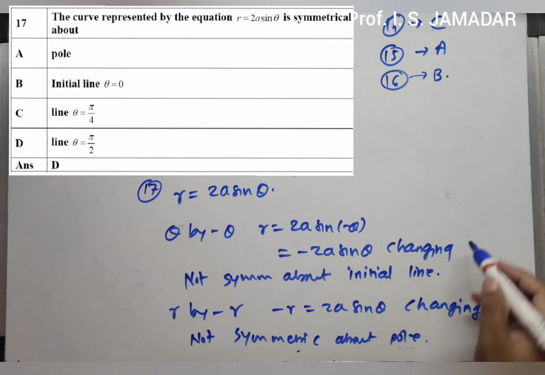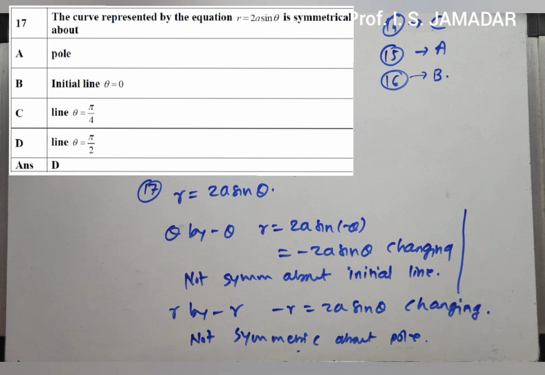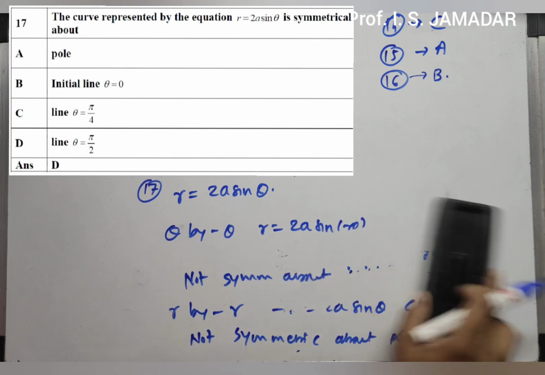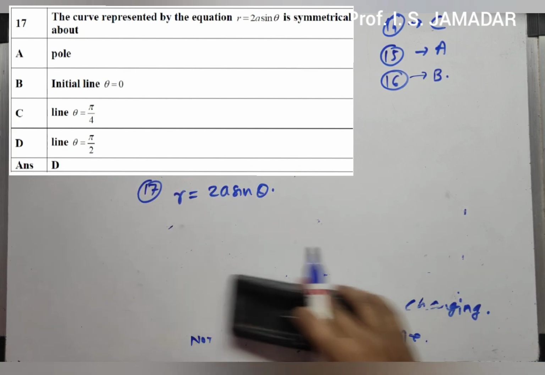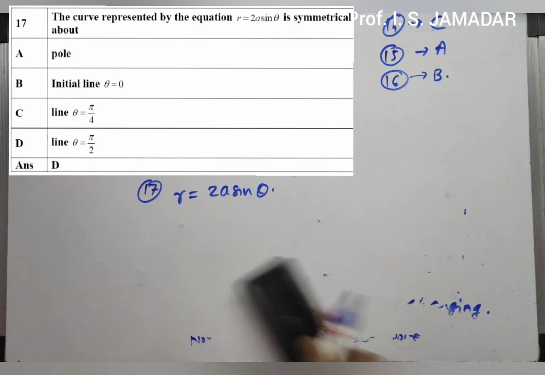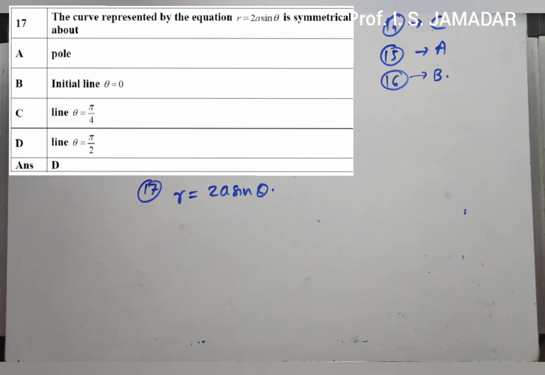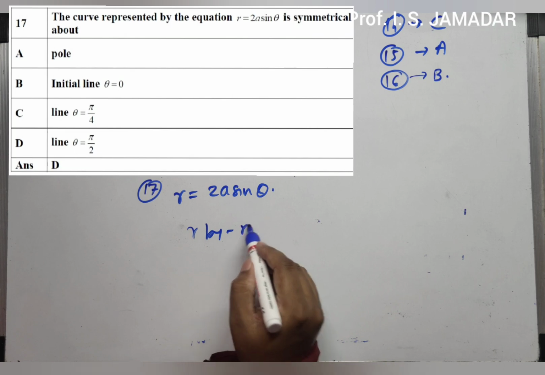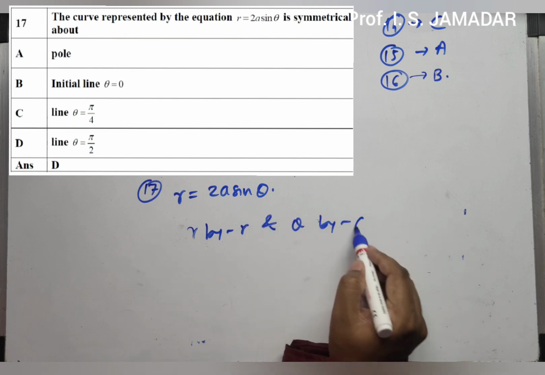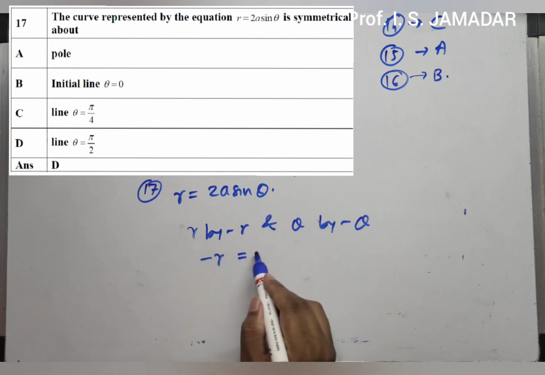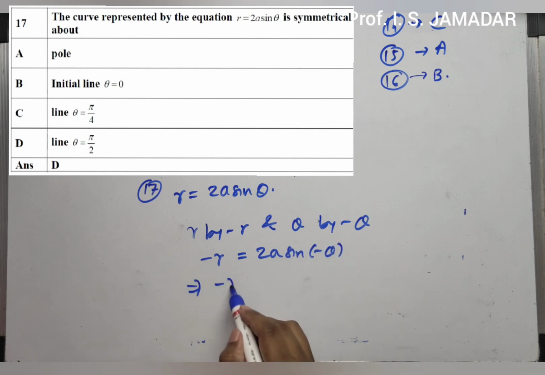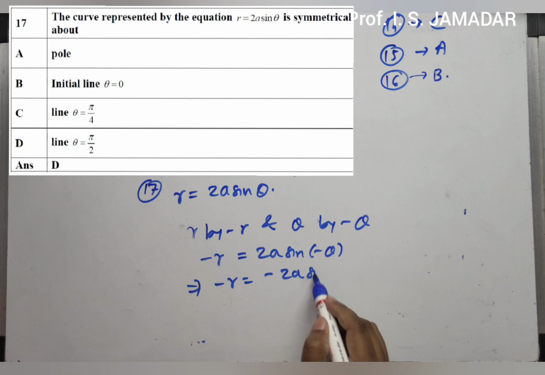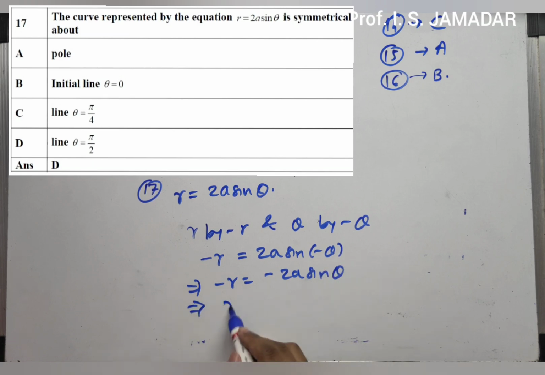But if you do both replacements simultaneously, meaning replace theta by minus theta and r by minus r at a time, then what happens? The equation will become minus r is equal to 2a into sine of minus theta, that is minus r is equal to minus 2a sin theta, that is r is equal to 2a sin theta.